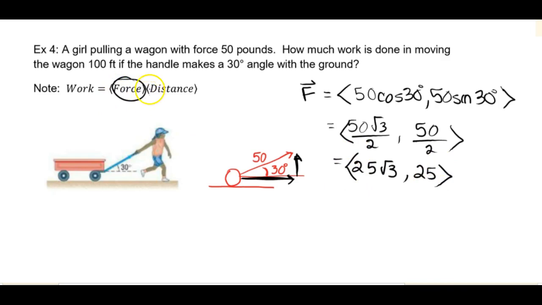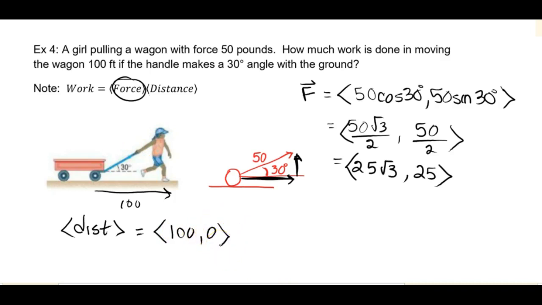And then you want to see the distance that you want to go. Well, the distance we want to move is 100 feet this way. So the vector component for distance is going to be positive 100 towards the right, the direction in which she's pulling, and 0 up and down.